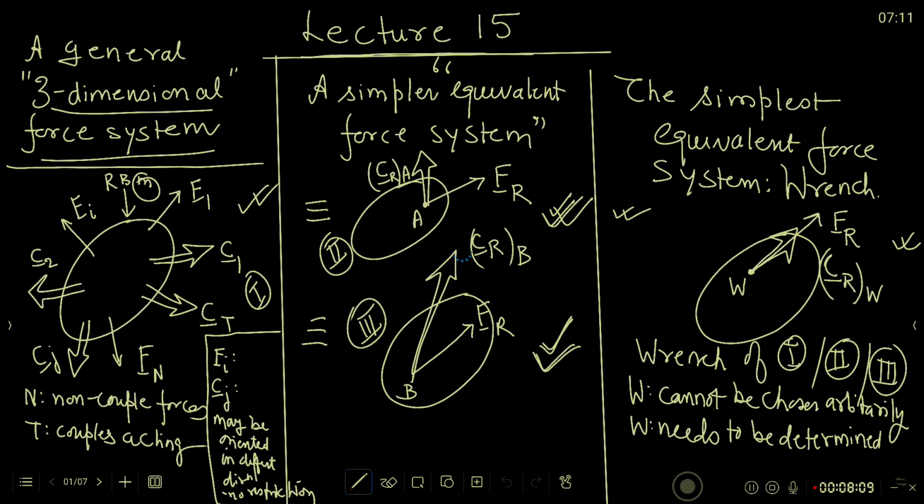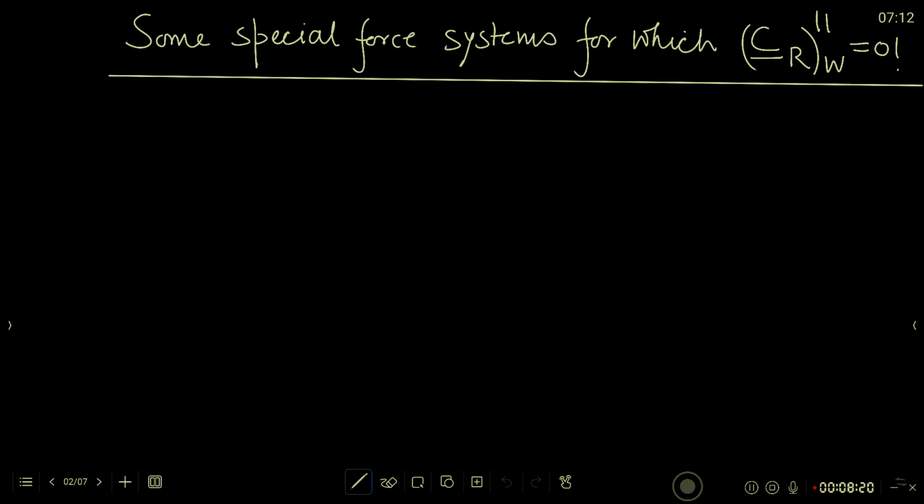Alright, this is what we did last time. So the wrench is the simplest equivalent of a general three-dimensional force system, right? However, there are some special force systems in which the wrench has CRW parallel also 0.